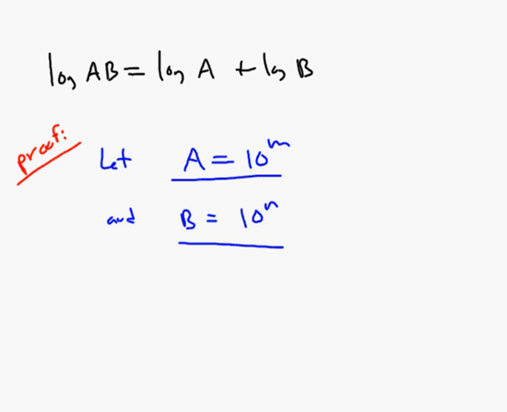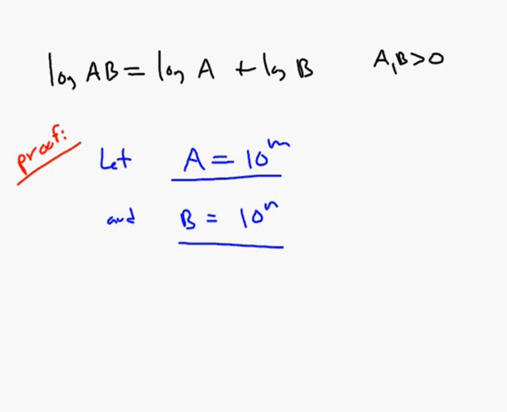Now, there's one restriction. I need to say this: A and B are both greater than 0. There's going to be no zeros for A and B and no negative numbers for A and B. So let me just say this. You might believe now that A could be some power of 10 and B could be some power of 10. You might not know why I'm doing this. Okay? So this would be a time where things got a little bit dark for us in terms of where we're headed with this problem.